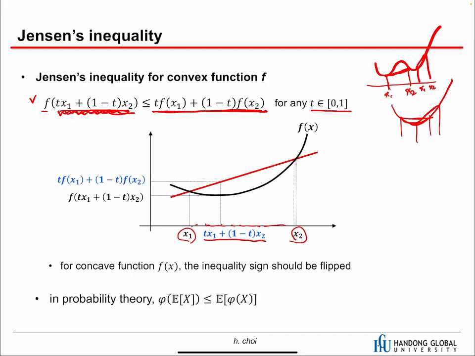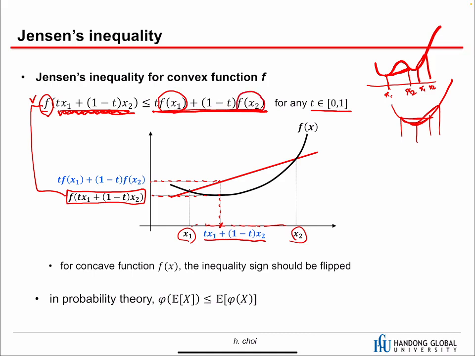Let's say the current one is here. Then we evaluate the function at this point. This one is the function of this point. This one is the same as this one. And the second term says the weighted sum of the function of x1 and the function of x2.